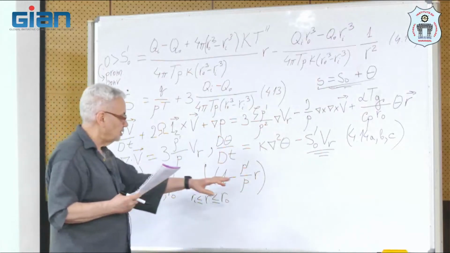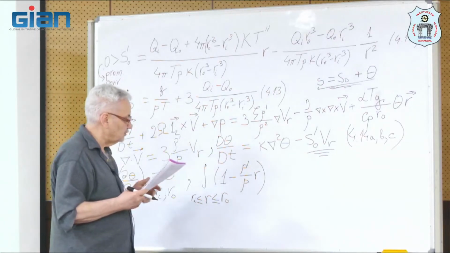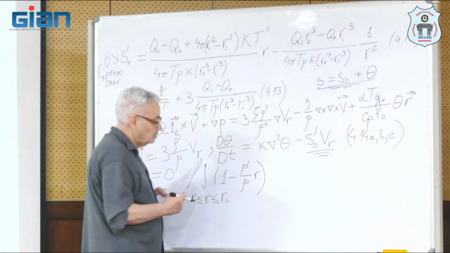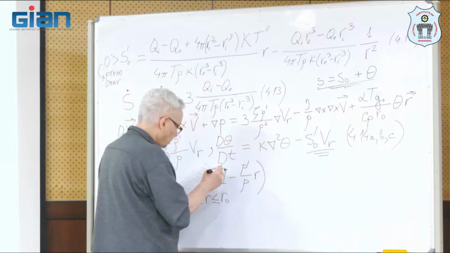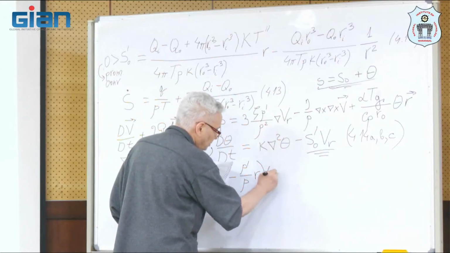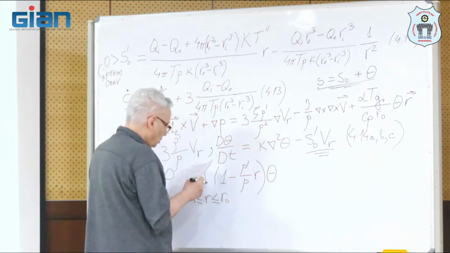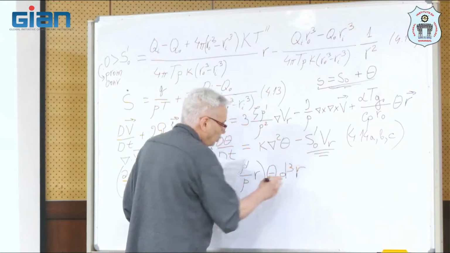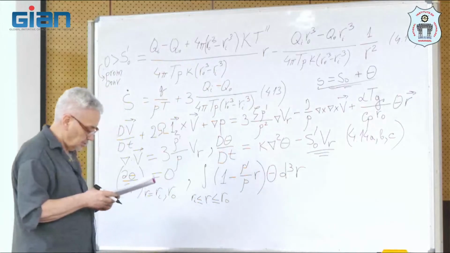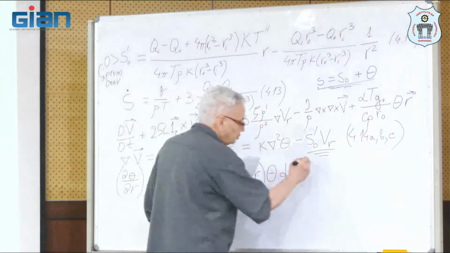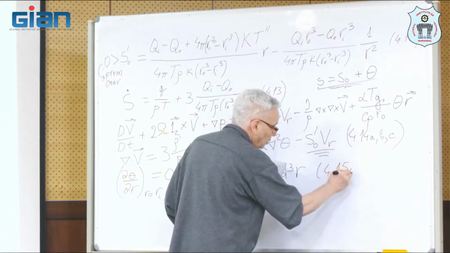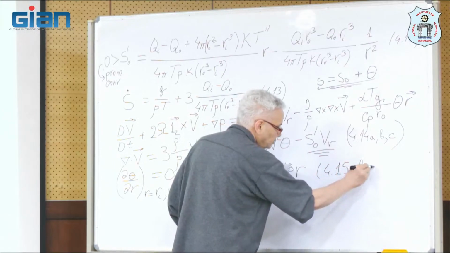You can see that the dimensions are satisfied. And then this integrates theta over the volume. So these boundary conditions constitute formula 4.15 a, b, c.